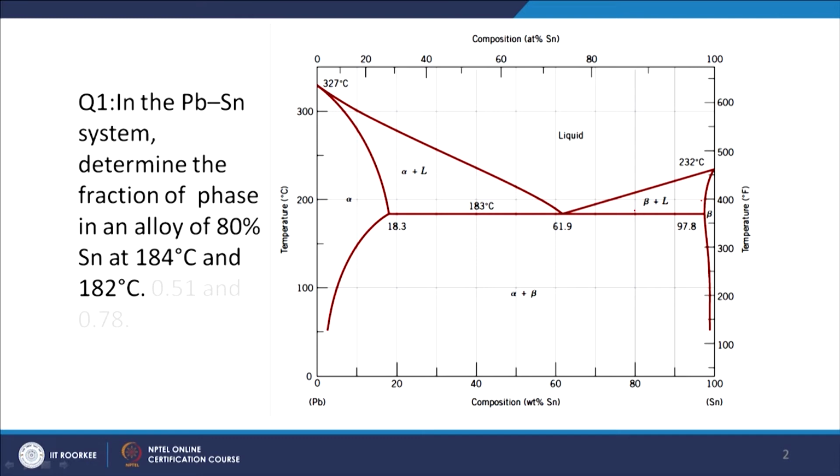This is 80%, so this distance will be 80 minus 61.9, and the whole distance will be 97.8 minus 61.9. So, let us see the answer of question 1.